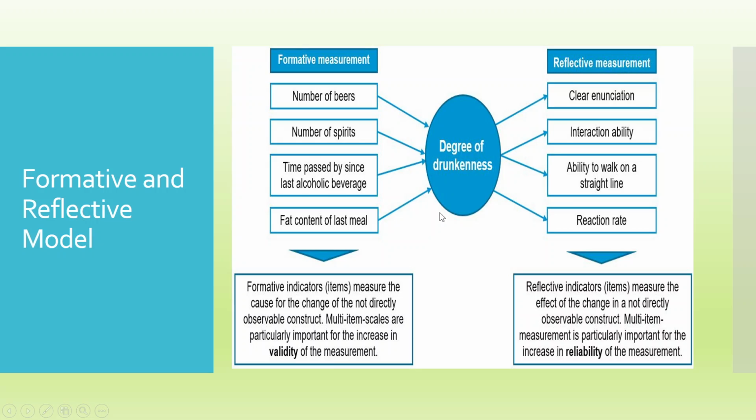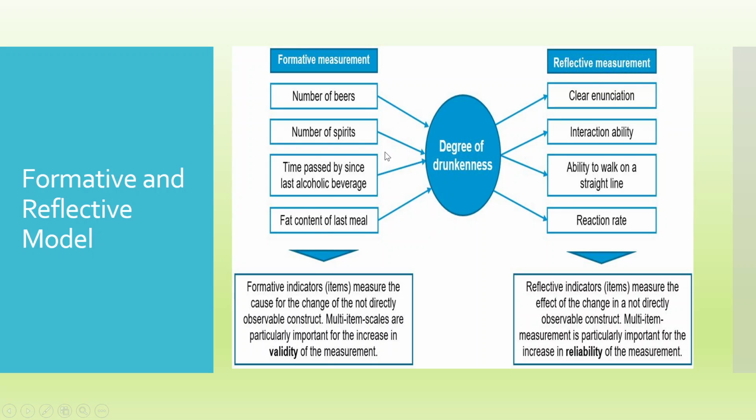If you talk about the formative scale, in this case, if a person wants to get drunk, he can have a beer, he can consume spirits. It also depends on time passed since last alcohol drink was taken, the fat content of the last meal.